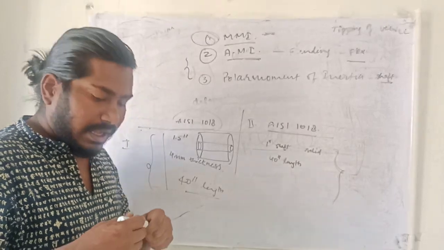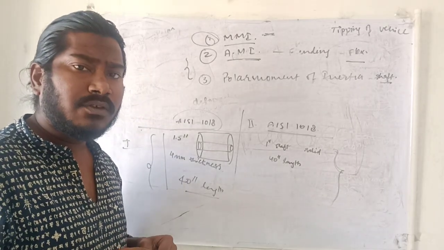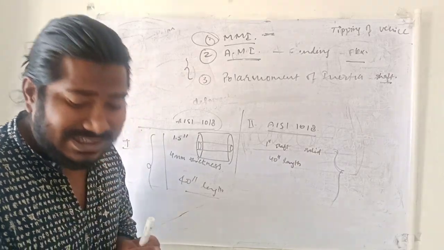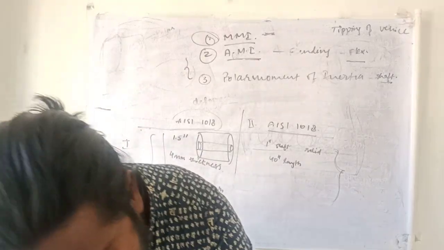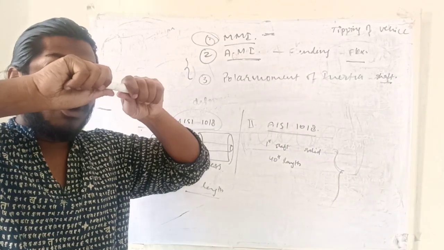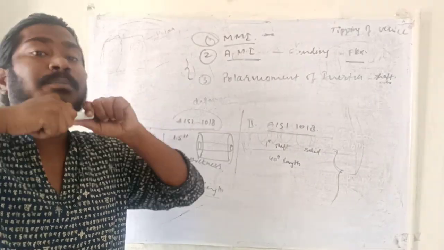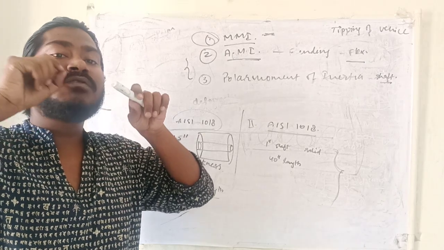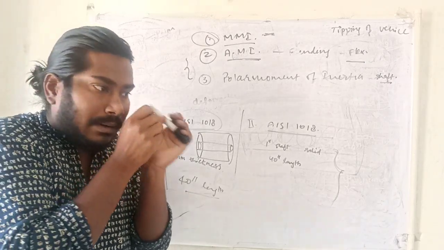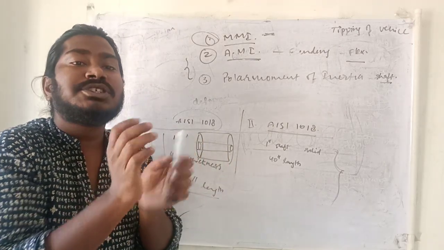Now there is one more thing. If we have to calculate the angle of twist or the shear stresses produced inside any object, for a ductile material, the deformation occurs because of the plane of maximum shear stresses.